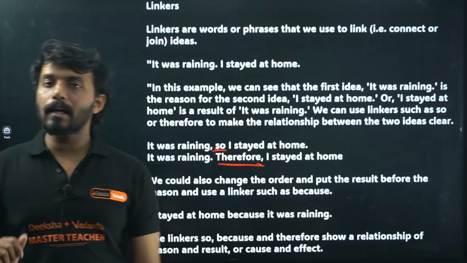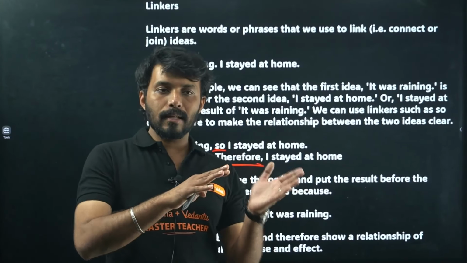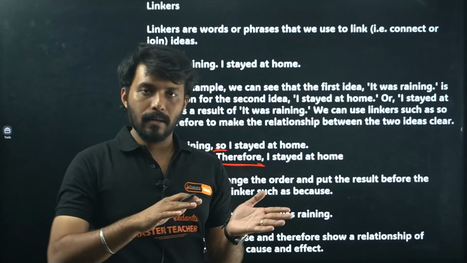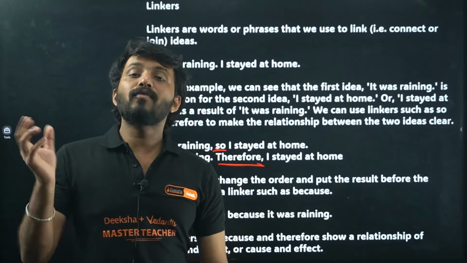So where do we use a linker? Basically two sentences are given. If one sentence is a direct result of the first sentence or vice versa, then you use a linker. I fell down, one sentence, and the next sentence, I broke my leg. So how do I link it?